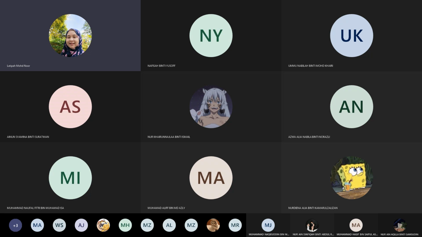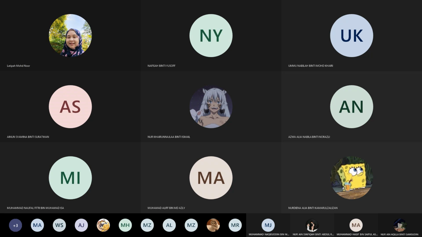Saya tanya soalan dekat dalam grup, semua klik je. Okay. There are only 27 in this meeting. Ramai lagi tak join ni. You all ada kelas apa tadi? Kelas Arab.